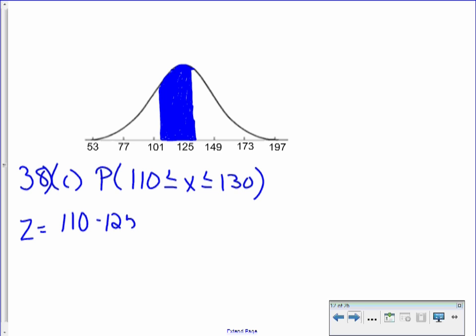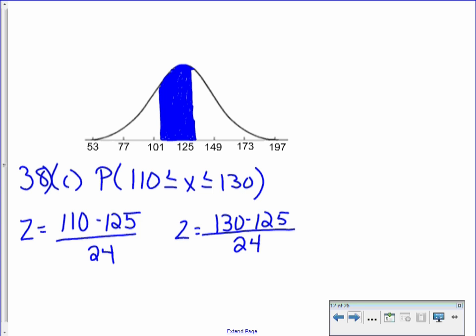So is one of them going to be in the back? No. Both of them are in the table.